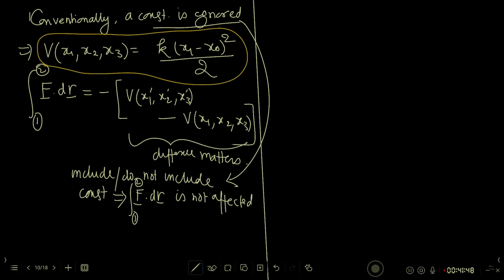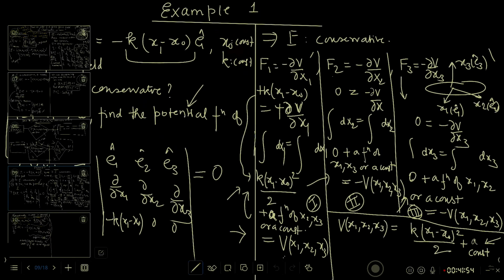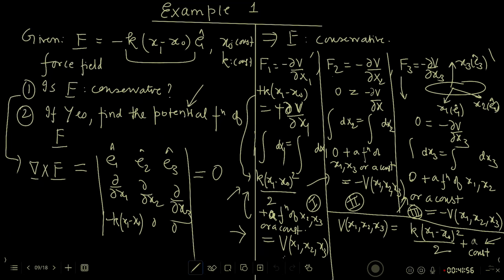You are familiar with this force field, very familiar with this force field. This is the force field of a spring which has its unextended length as x0, and then if you extend it more, it starts developing a force. Spring force field.